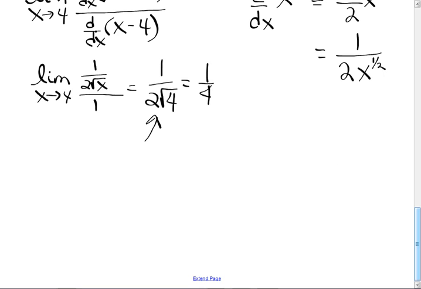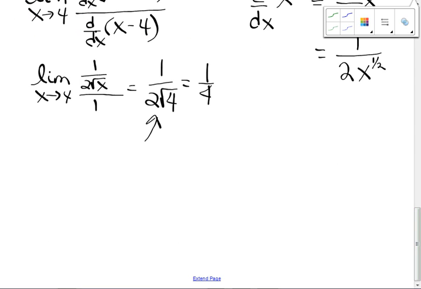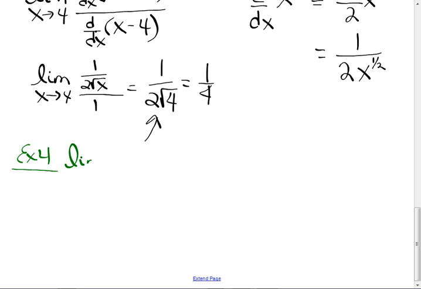Let's see, I've got another, that was example 3. Let's do another one. I don't know if you remember this one. It's the limit as x approaches 0 of 1 minus the cosine of x all over x.